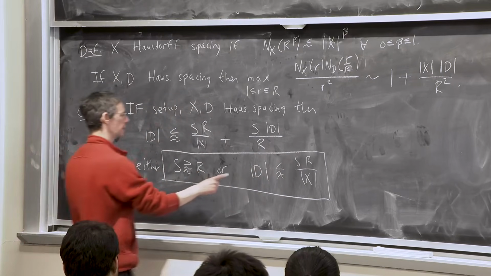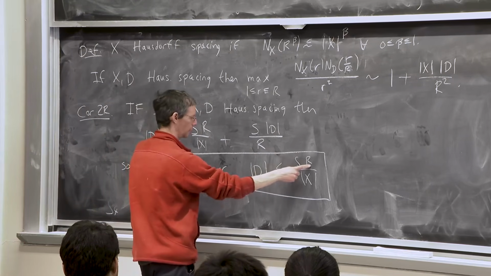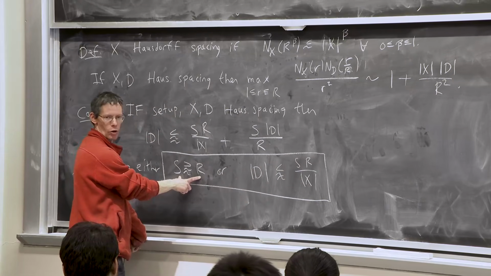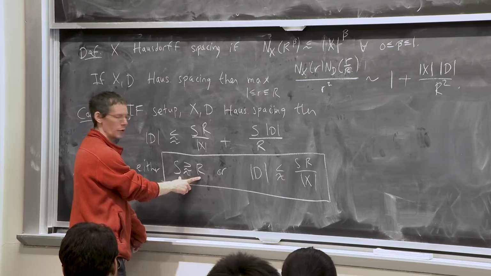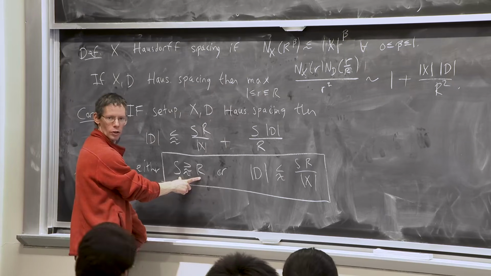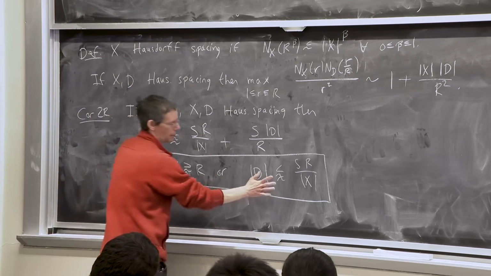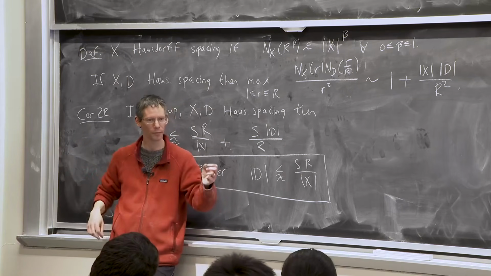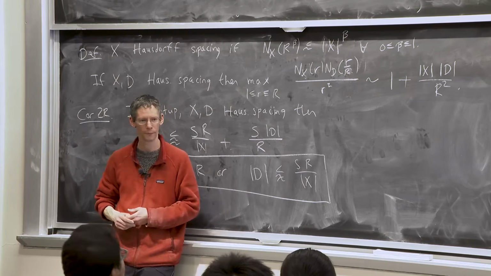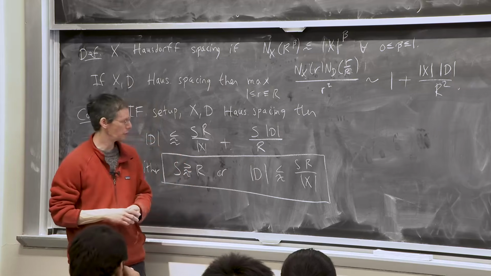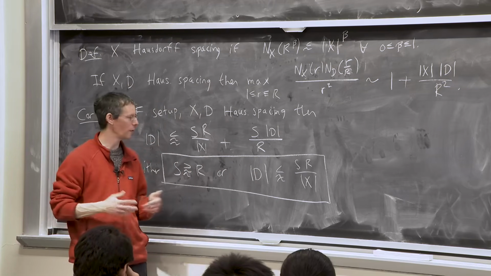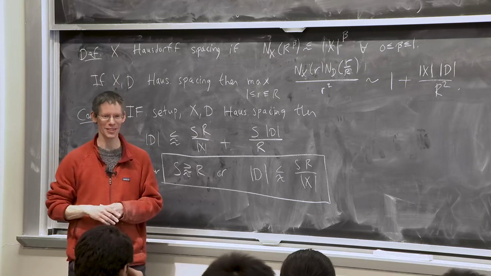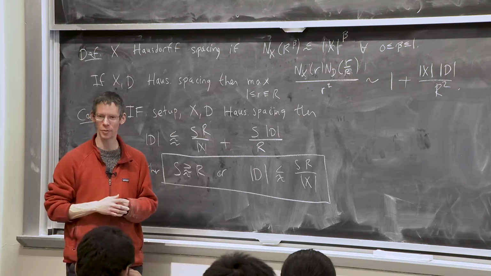It's sharp in the case that S is pretty close to R. Because of the log factor, the smallest I could make S would be something like R over log R. And if you take S around that R over log R, or R to the 1 minus epsilon, then this is sharp in the example of a grid of points, a grid of unit balls. Yeah, so that's the main interesting example, the main example that I know where it's sharp. And there are plenty of examples where it's not sharp. But that grid example is important.